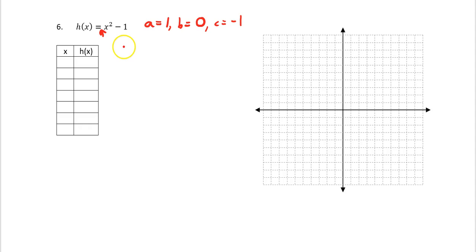Let's start off by figuring out our vertex. Our vertex is an ordered pair. We find our x value first with the formula of negative b divided by 2a. Okay, our b value is 0, and our a value is 1. Having a 0 in the numerator is going to make this entire answer 0.